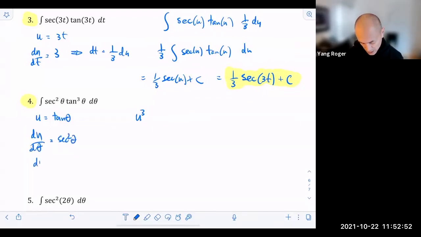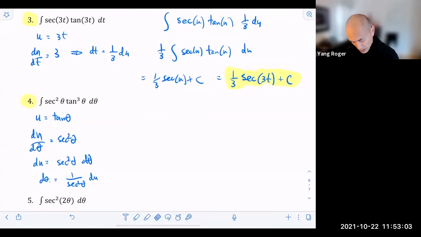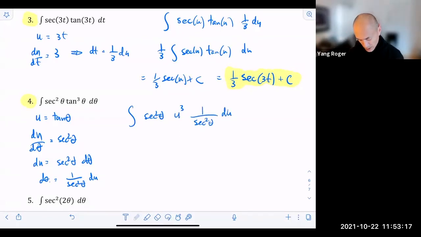This means du is equal to secant squared theta d theta, which tells me d theta is equal to 1 over secant squared theta du. So when I make my substitution, I'm going to get the integral of secant squared theta, I pray that cancels out, u cubed, and then 1 over secant squared theta du. And these guys here cancel each other out. Your integral becomes u cubed du.